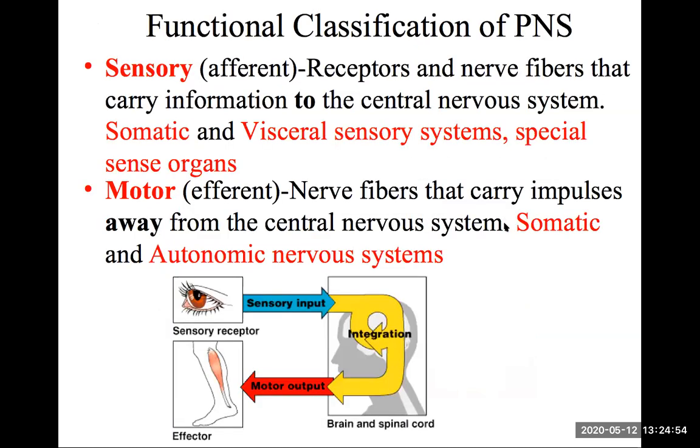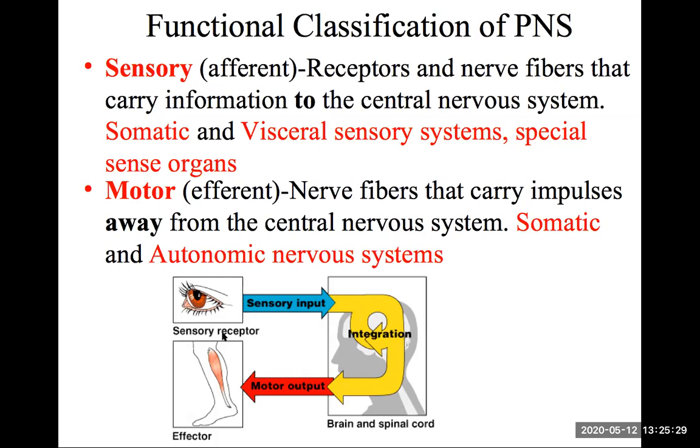Now what we're doing here is subdividing the peripheral nervous system. So I'm not talking about the brain and the spinal cord right now, I'm just looking at the peripheral nervous system. Within the peripheral nervous system, in terms of how they function, we've got 2 divisions. The sensory portion, also known as afferent, includes the receptors and the nerve fibers that carry information to or toward the central nervous system.